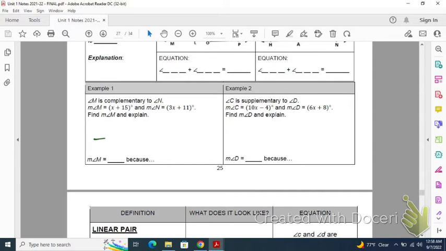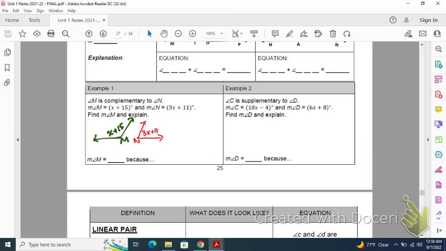So let's draw angle M like this, and then call that x plus 15 degrees. And then let's draw a measure of angle N like this and call that 3x plus 11.